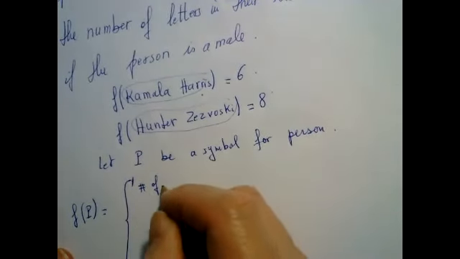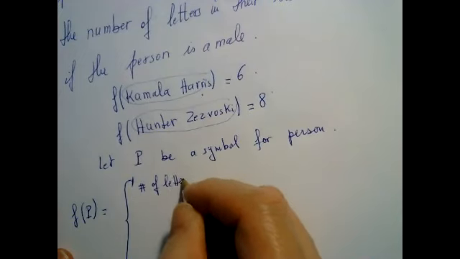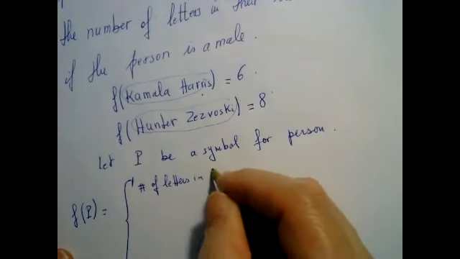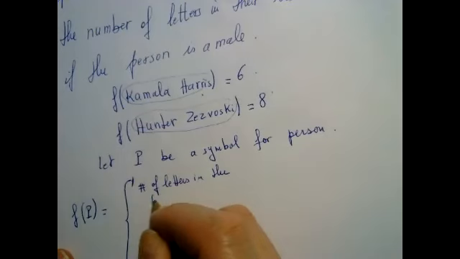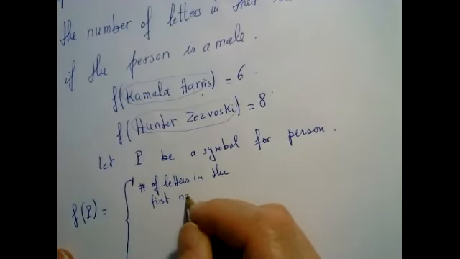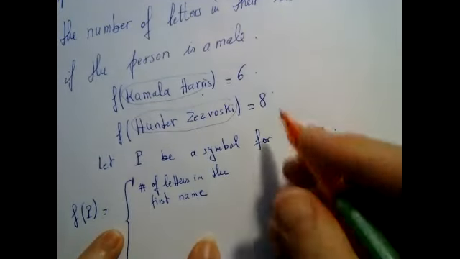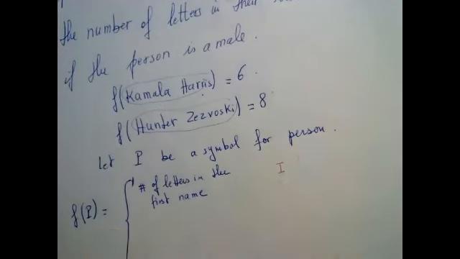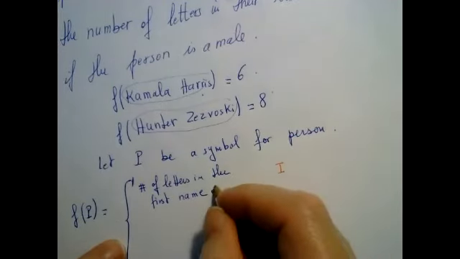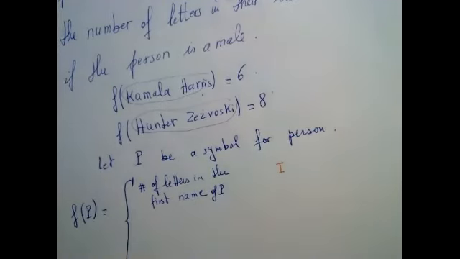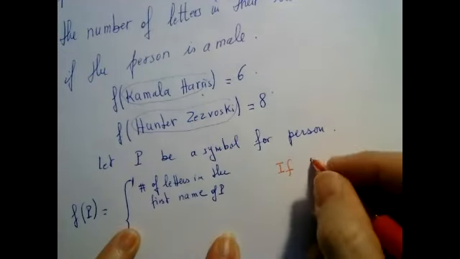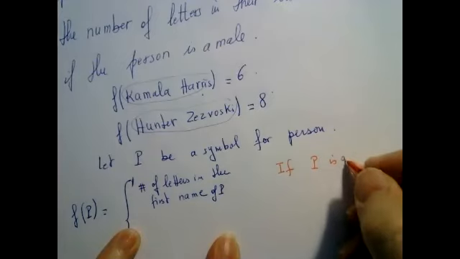So watch carefully how we're defining this. The number of letters in the first name, and then on the side, I say the rule is this: if, in the first name of P, if P is a female.